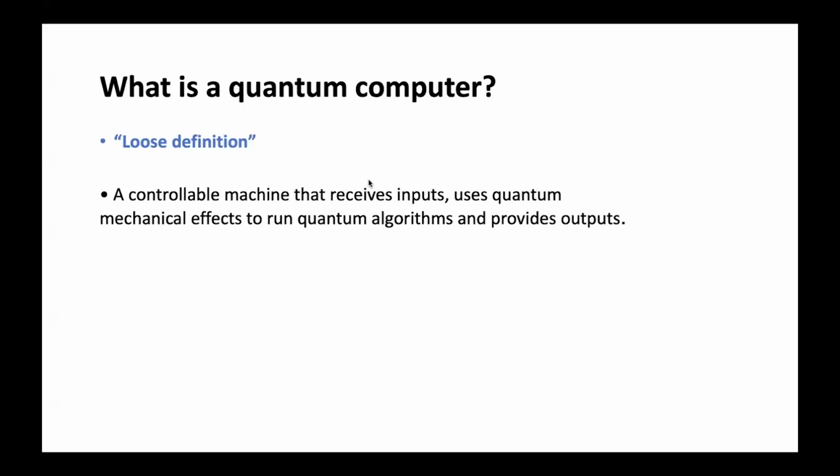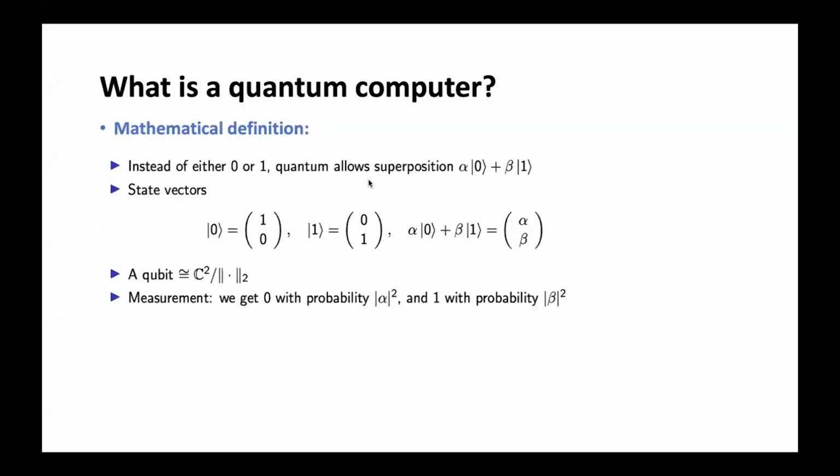If we wanted to put this loose definition in a mathematical framework, we would say that instead of using 0 and 1, as in classical computers, quantum allows superpositions. This is the linear combination of these two states, alpha times the 0 state, plus beta times the 1 state.